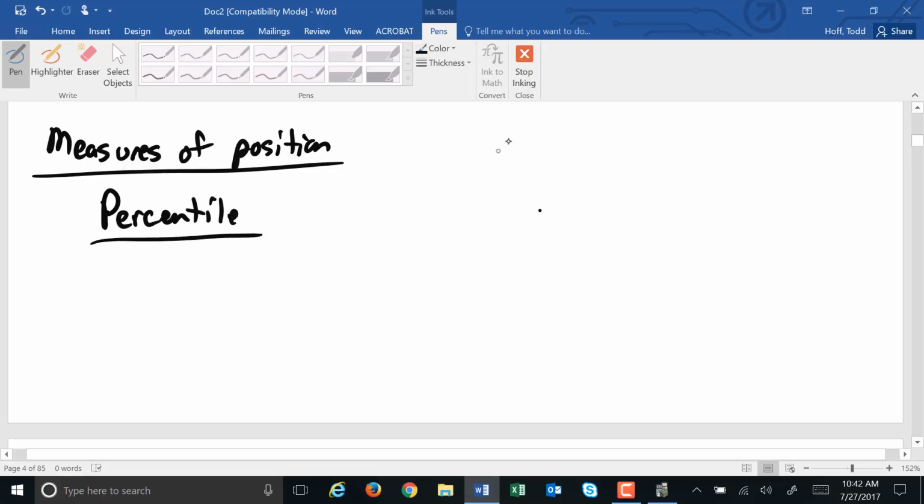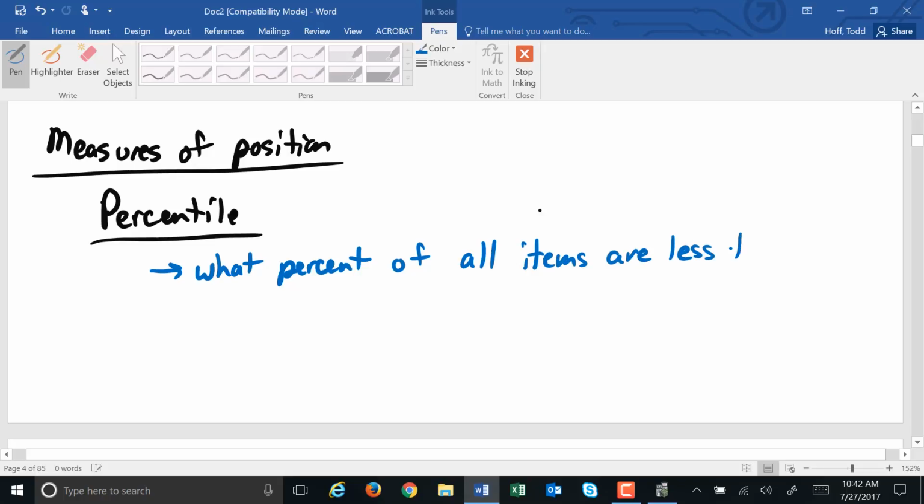A percentile tells what percent of all items are less than this item.